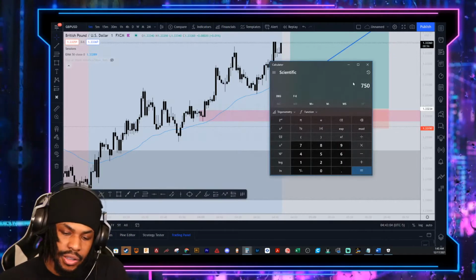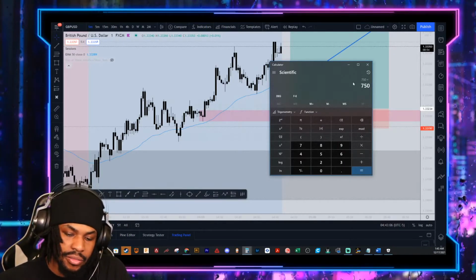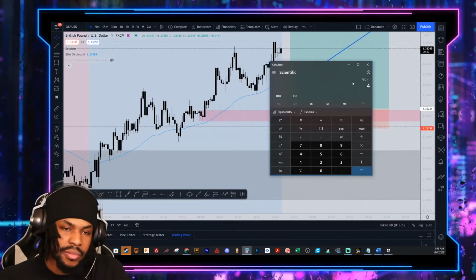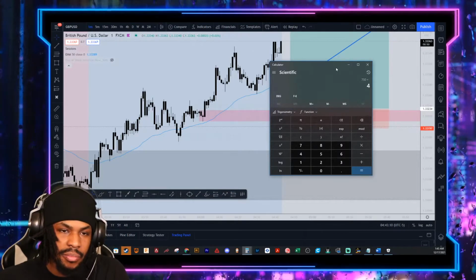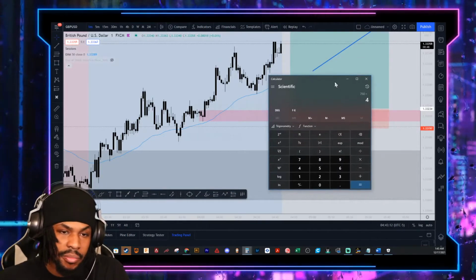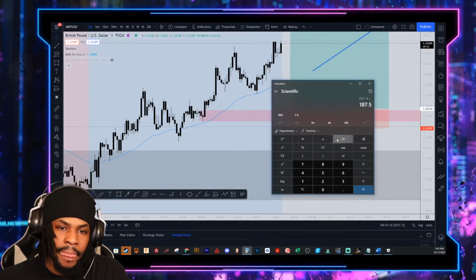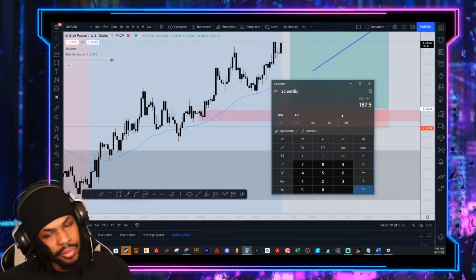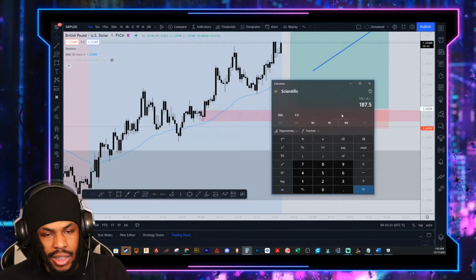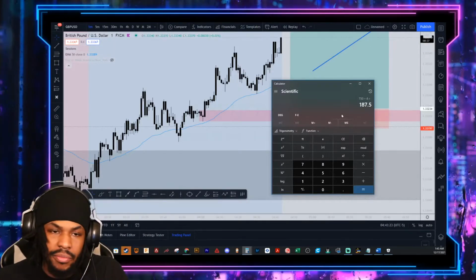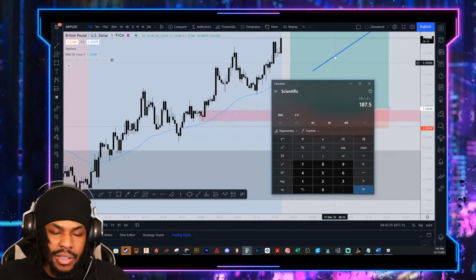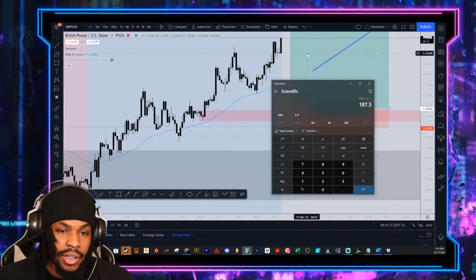So 750 divided by, what's it like? I basically say 4 pips since we got to account for spread. Spread is probably like 0.5 pips to anywhere like maybe 2 pips max, which is a lot, depending on your broker. So I want about $187 a lot size. Again, this is on a demo account, 100K practicing for the FTMO challenge.